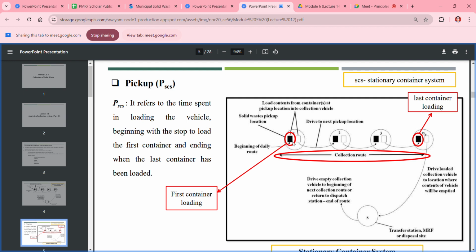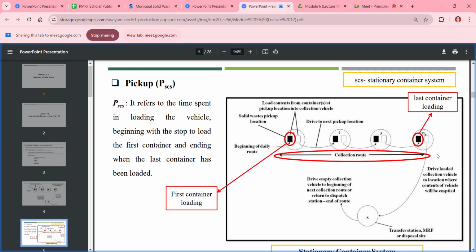We have picked up the container, emptied it, then we are moving again to the next site. We take the container, empty it, and then go again to the third site and so on.